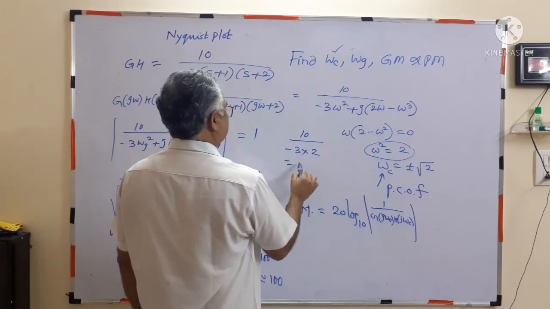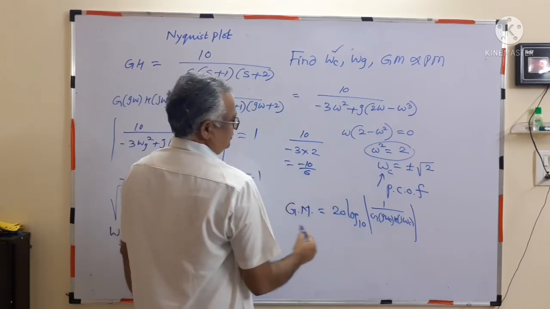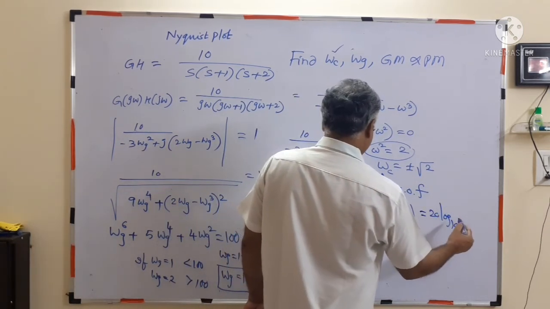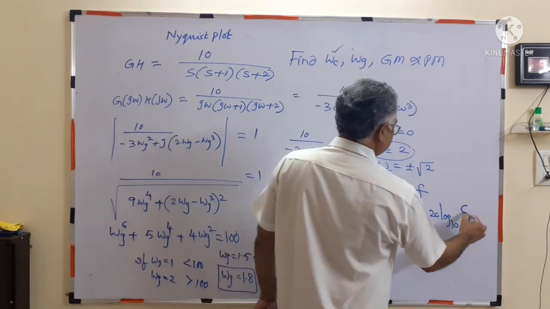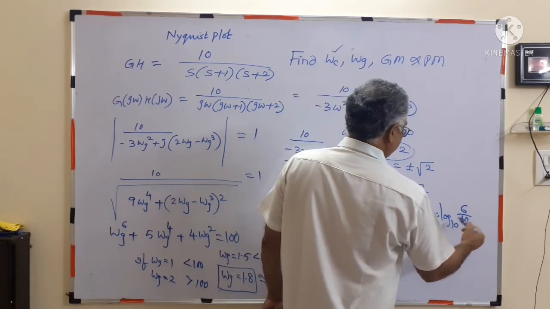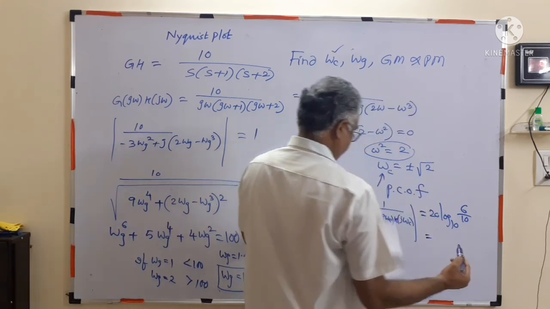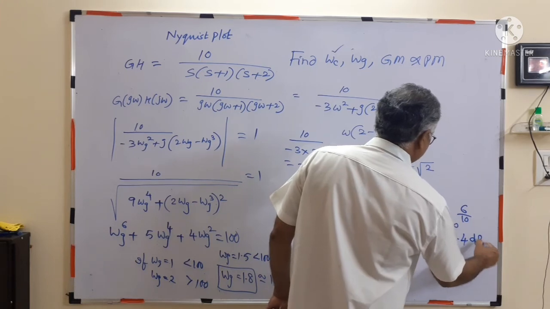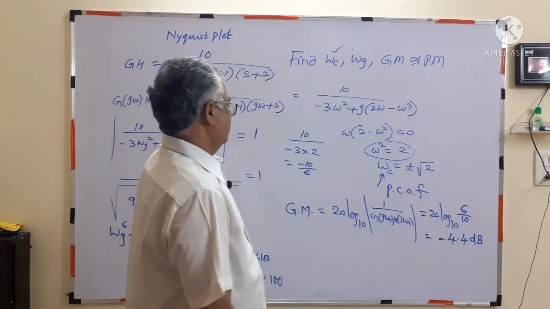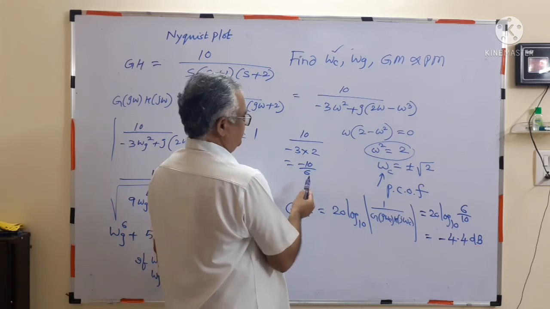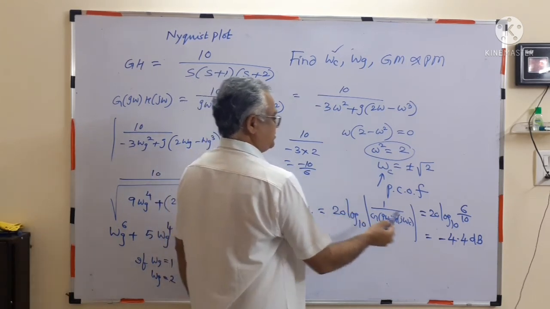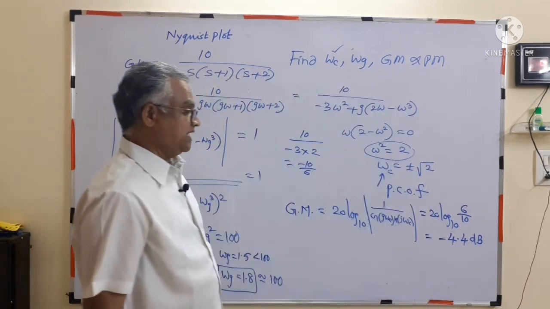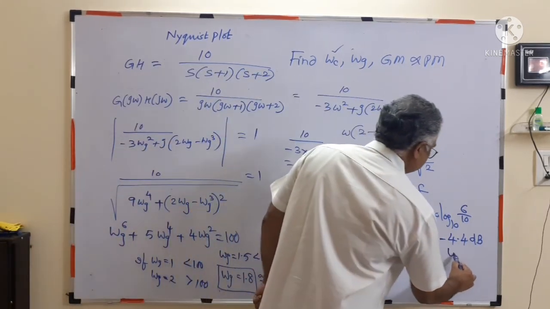So this is nothing but minus 10 by 6. So this is 20 log base 10, you will get 6 by 10. This is in terms of dB, minus 4.4 dB. Because when I am taking magnitude, negative will eliminate. 1 by 10 by 6 is nothing but 6 by 10. Negative dB means unstable.